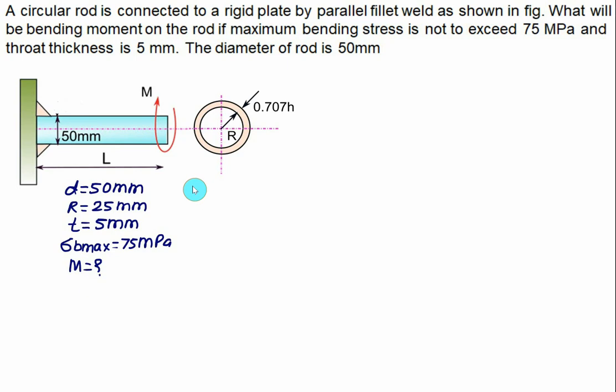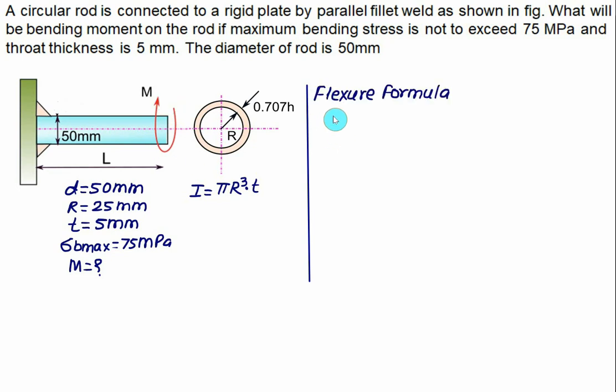The moment of inertia for a thin ring is given as pi into r cube multiplied by throat thickness t. Since the circular rod here is subjected to moment, we have to use the flexure formula.